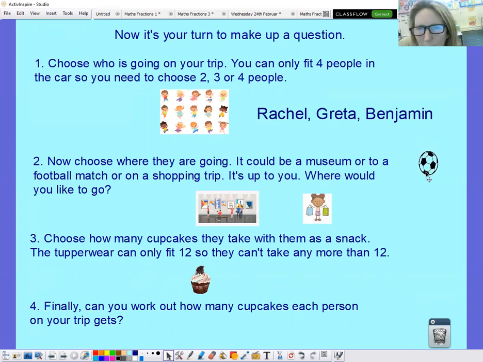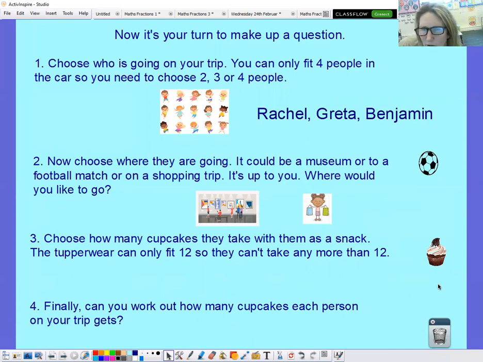So you could draw a little picture of where the children that you've chosen are going on a trip. And now you need to decide how many cupcakes they're going to take with them. So in my trip, they're just going to take 1 cupcake. But you need to decide, and you're going to draw your number of cupcakes.